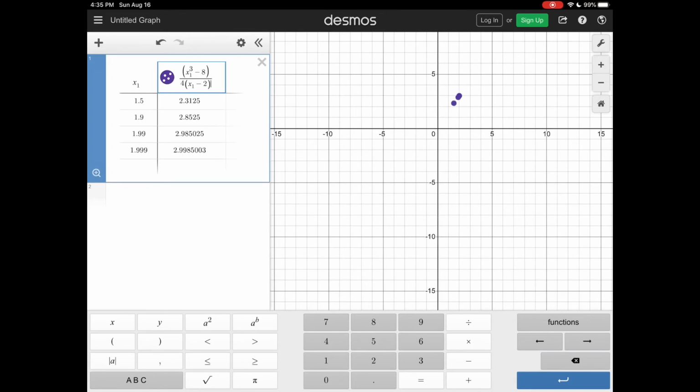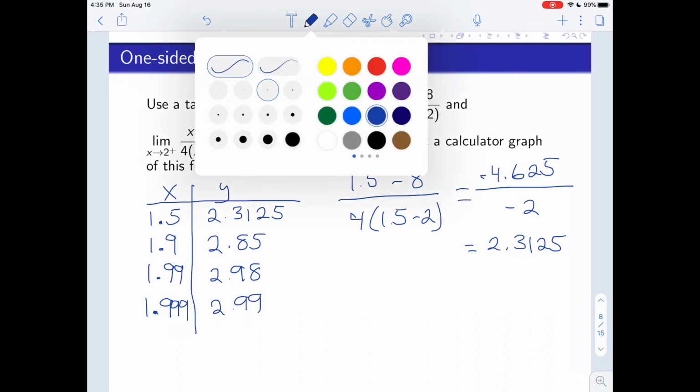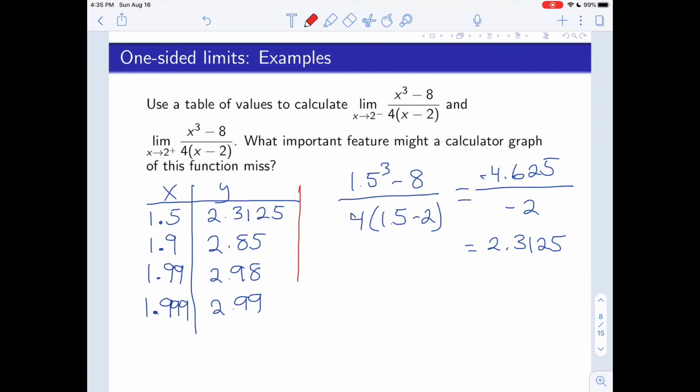So I'm going to go back to my slide, and I'm going to fill in at least approximations of these numbers so that we'll have our table. So we had about 2.85, 2.98, and 2.99. So as I look down this table, at least right here, it looks like these numbers are getting close to 3.